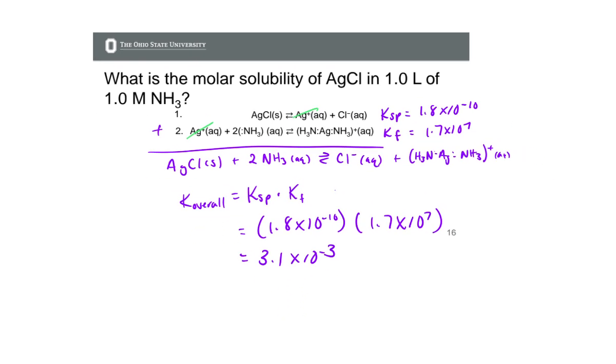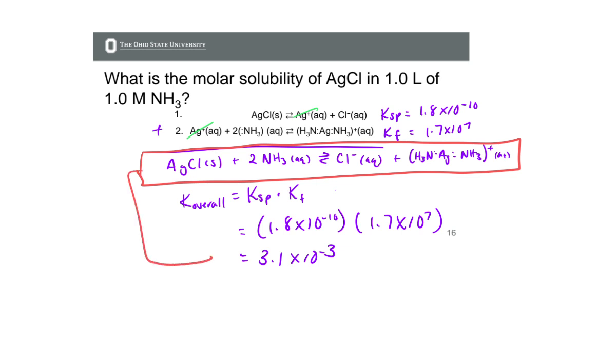Now we have a K for this equilibrium. So now we can figure out the solubility of the silver chloride when we also have ammonia present.